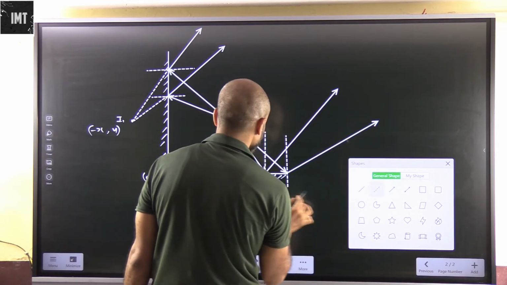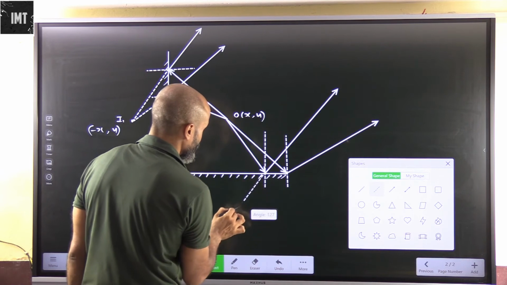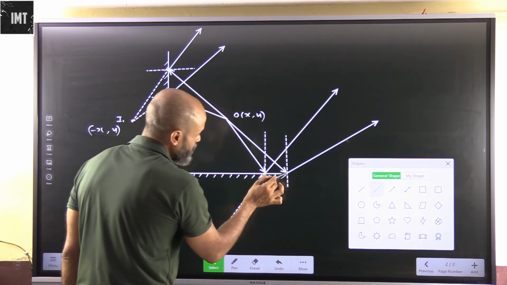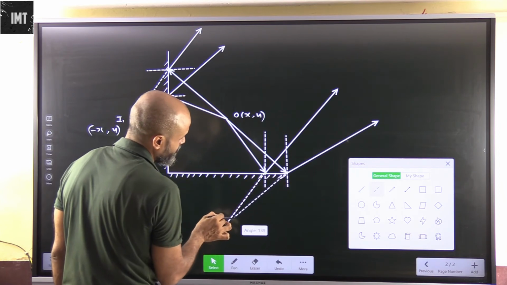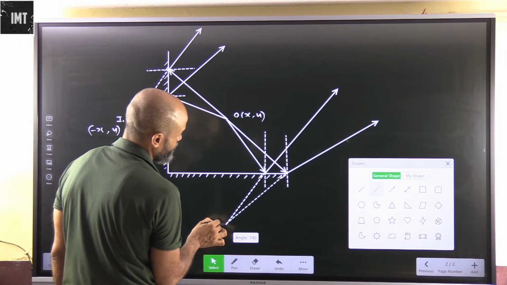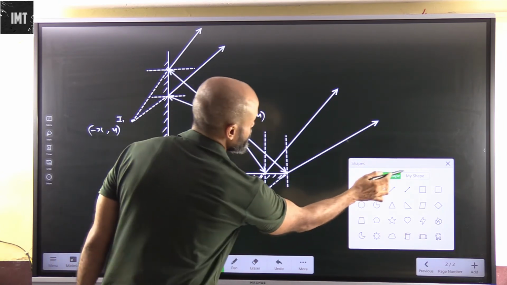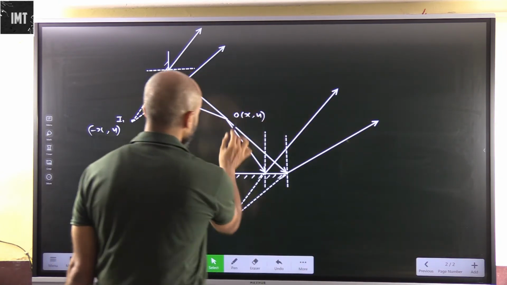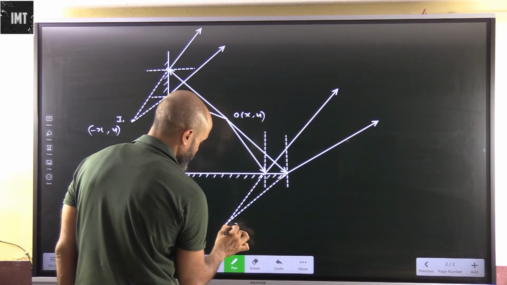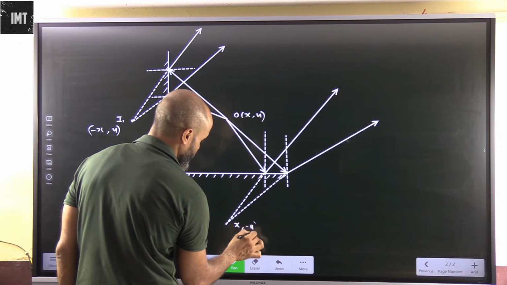If I extend this beyond, these rays are going to meet up somewhere here. Obviously the coordinates of this point will be, this is x, so the x coordinate will remain the same, so it will be x and minus y.